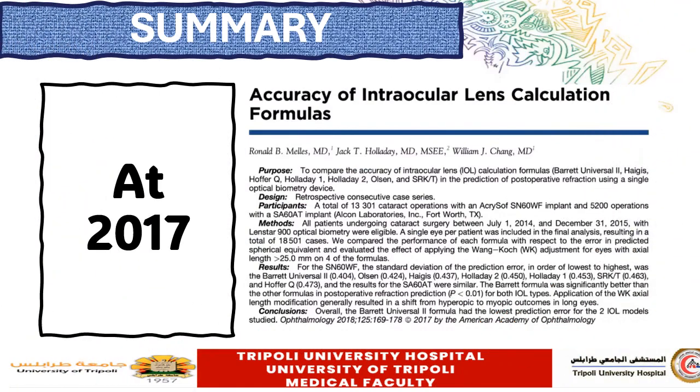In 2017, a study was conducted by Melles et al., and Jack Holladay was a co-author for this paper. They studied more than 13,000 cases. They compared the 7 major IOL calculation formulas, including the new generations and the old traditional IOL formulas, and tried to find out which one is better for estimating the effective lens power over a large range of axial lengths.